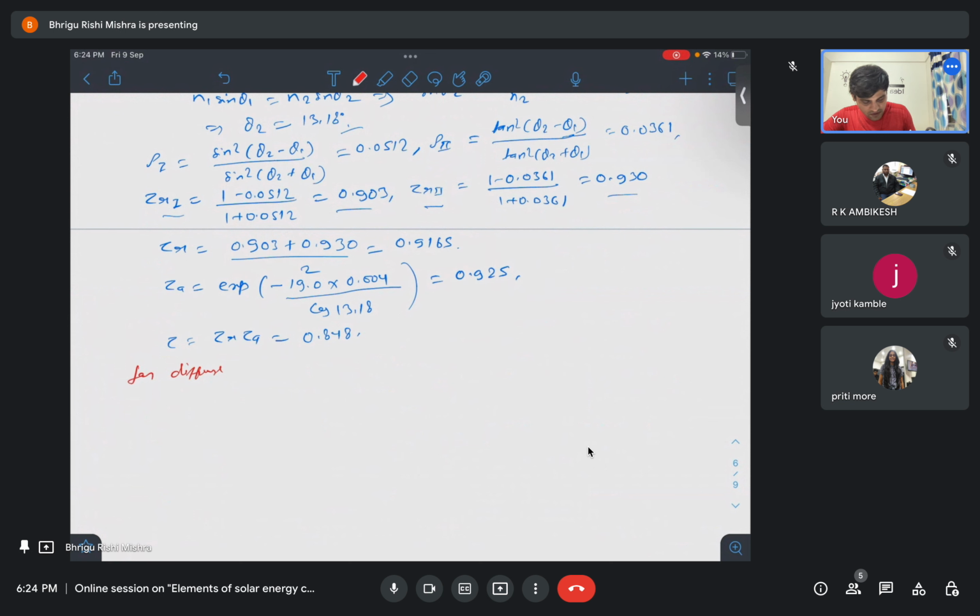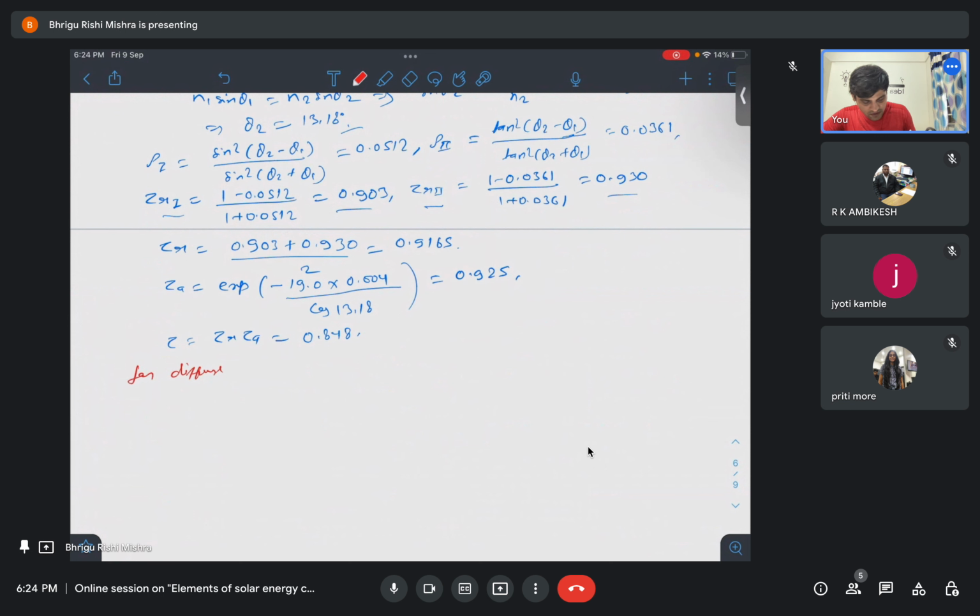So tau alpha b is tau into alpha, which is 0.848 into 0.94, divided by 1 minus (1 minus 0.94) into 0.144.